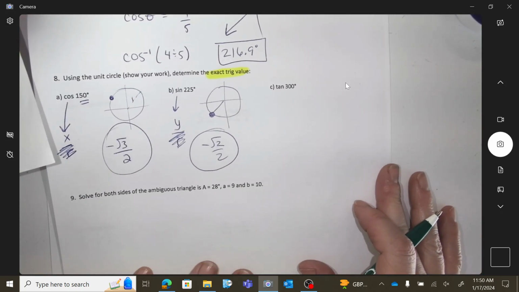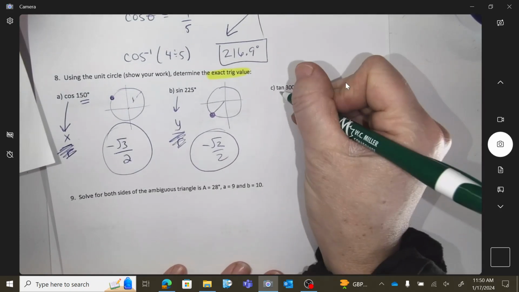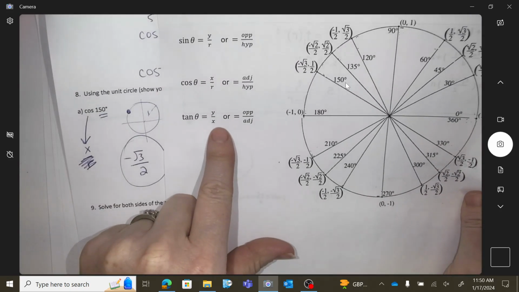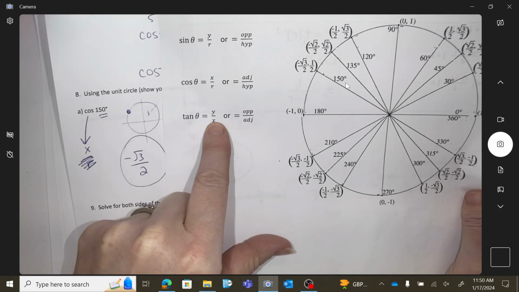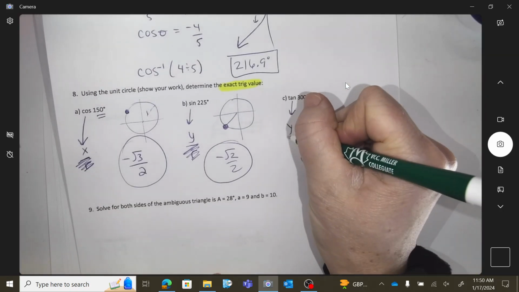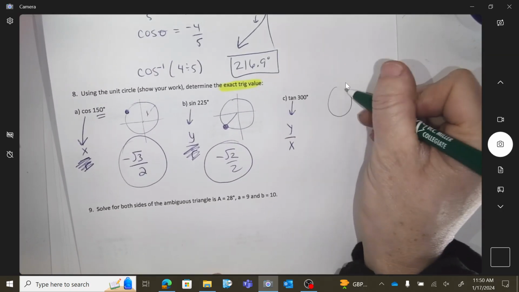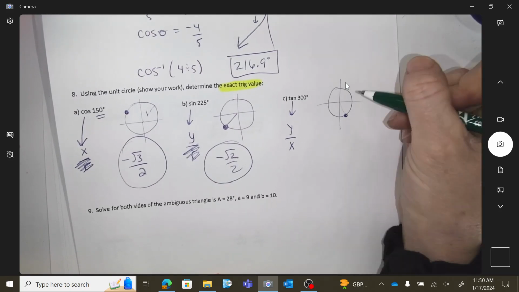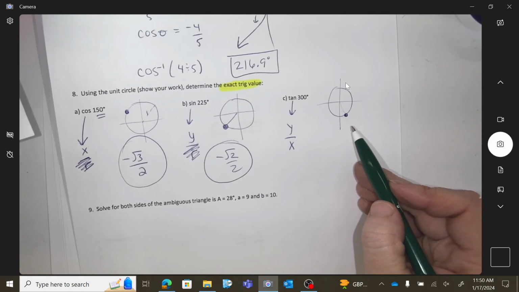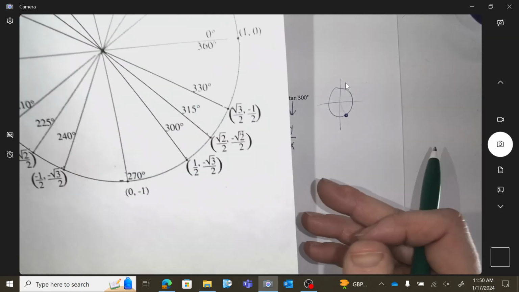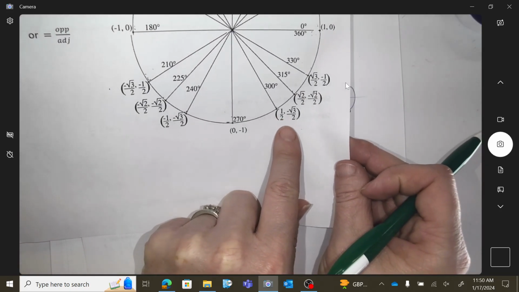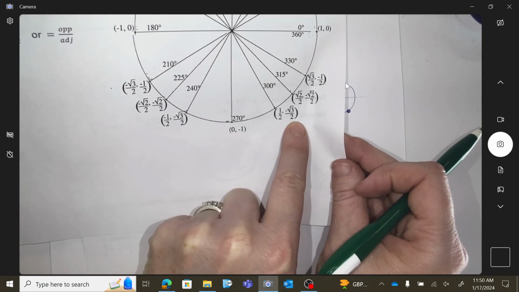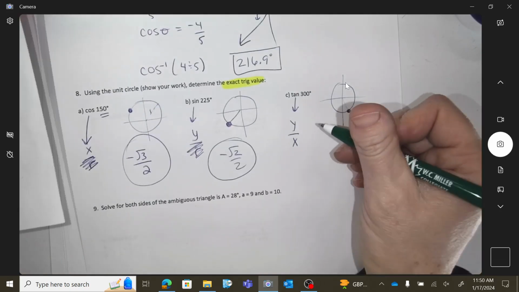Okay, the last one is a tan. So a tan says to do y divided by x. And then I look on my unit circle for 300 degrees. So here's my 300 degrees, and I'm going to have to take the y coordinate divided by the x coordinate.